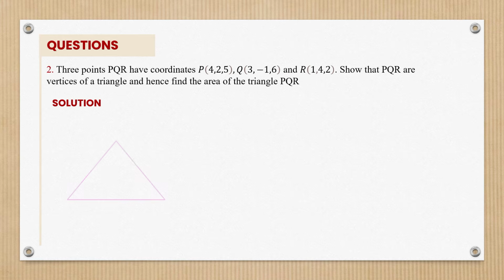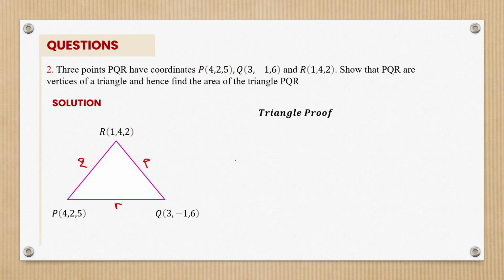So how do we prove this? Let's first sketch the triangle. These are the different points of the triangle, but just for knowledge, remember that we're going to have the small p right here. So this is going to be the small q, OQ. Then this is where we have the small r. Now for a triangle there is a rule.